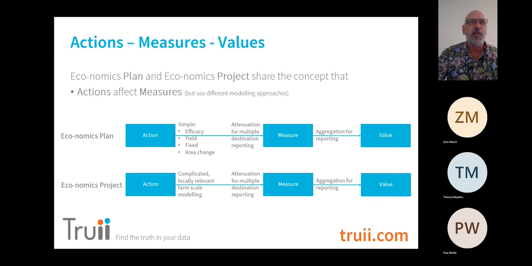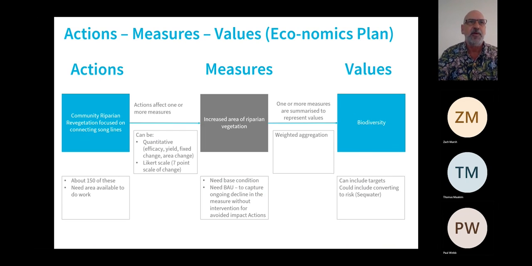So in Eco-nomics plan, what we're focusing on for the biodiversity or biological side of things is being able to represent an area change in different quality vegetation areas. And then Eco-nomics project is something more sophisticated. But the general concept persists: action does work on a measure, which reports on a value.